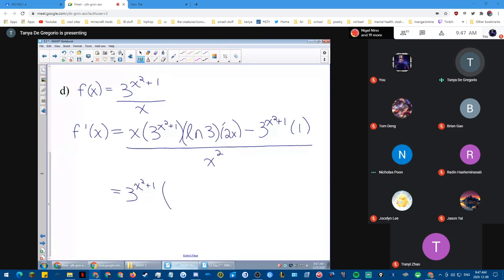Okay, so what should you do there? 2x squared ln 3, yes, that's what you want. Beautiful. And then minus 1. Perfect. All over x squared. Perfect. Very well done.